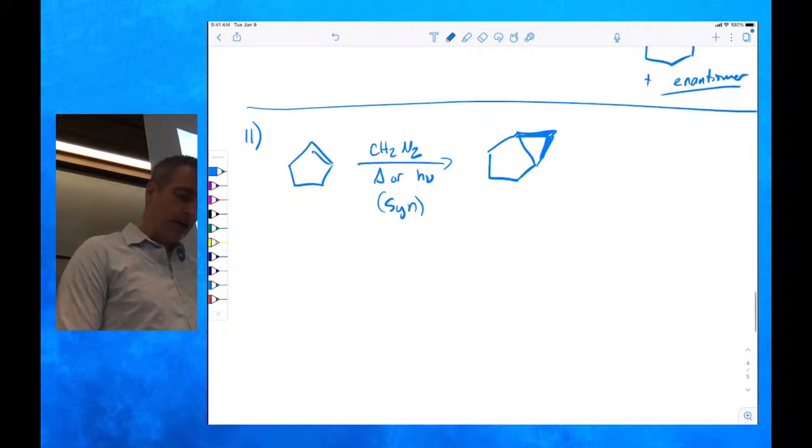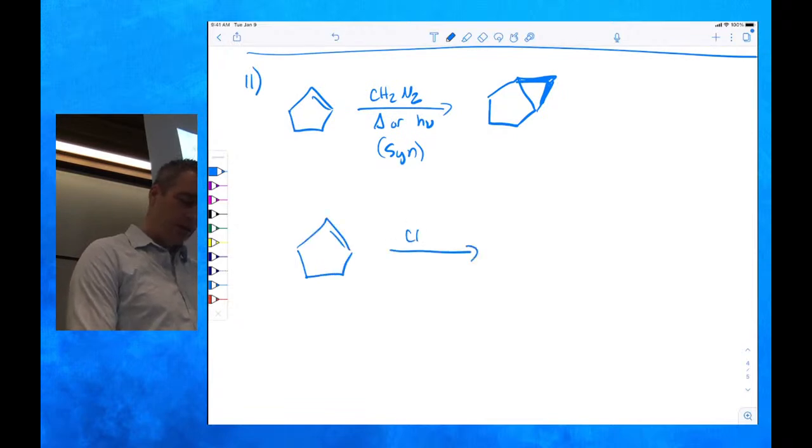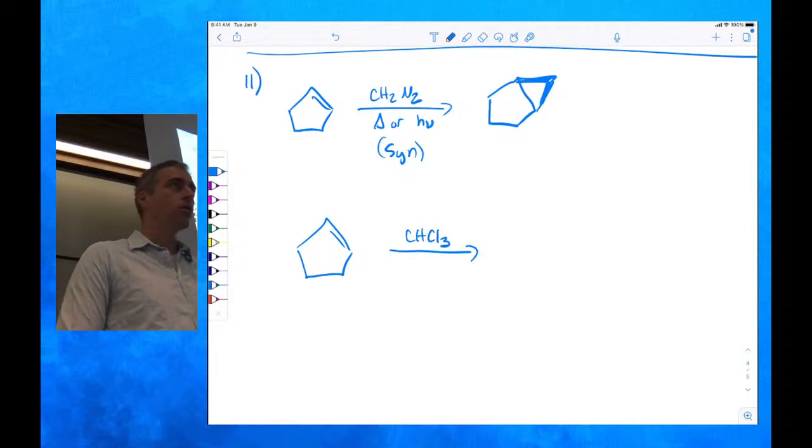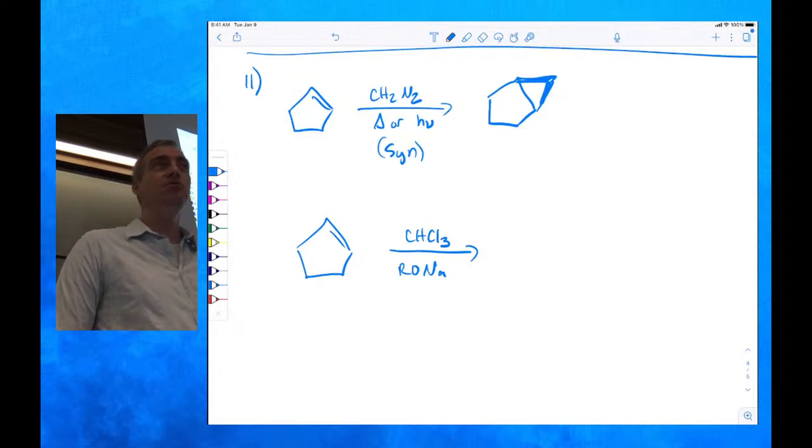There was a related reaction we looked at that used chloroform, CHCl3, trichloromethane, you might call that too, and some kind of alkoxide. Strong base. I think we use tert-butoxide, sodium tertiary butoxide.